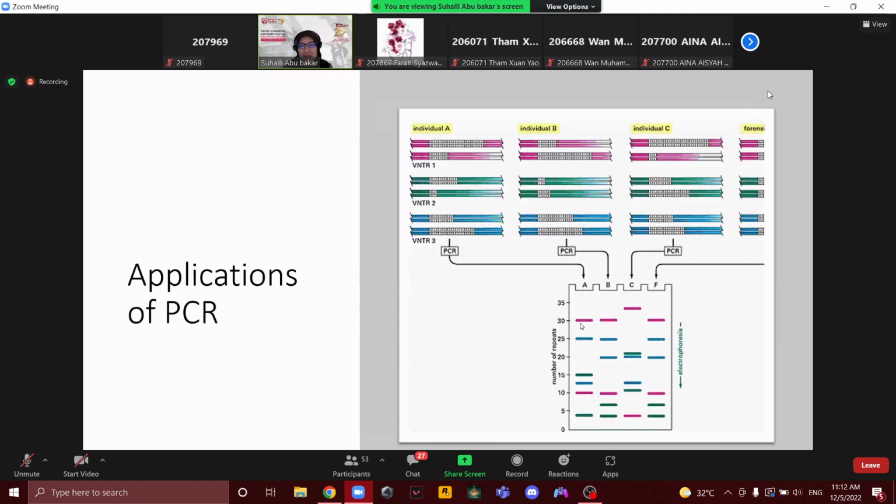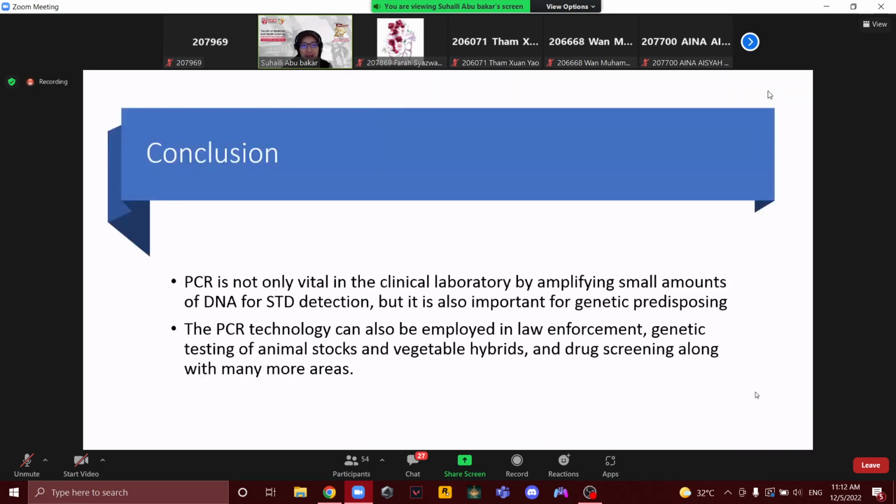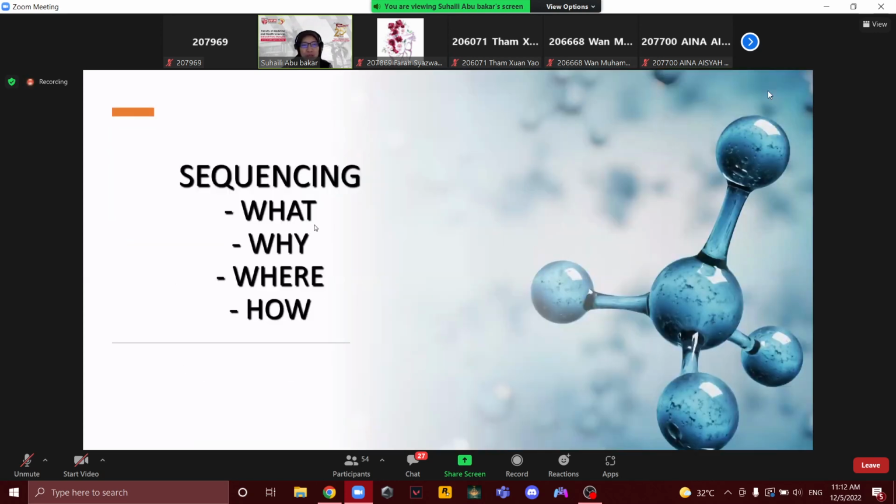So, sequence means we want to know the arrangement of the nucleotides inside this. That's what we call sequencing. So you have to define what is sequencing, why we want to do that, where and how. Indirectly saya dah answer dah tadi, what, why. Kenapa?